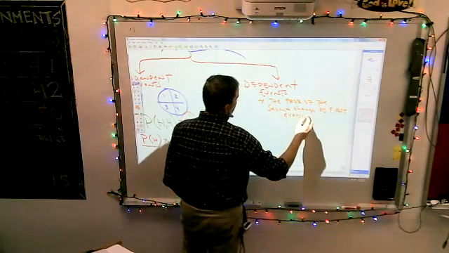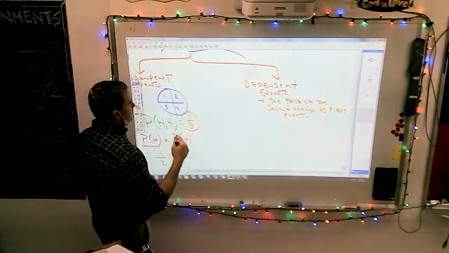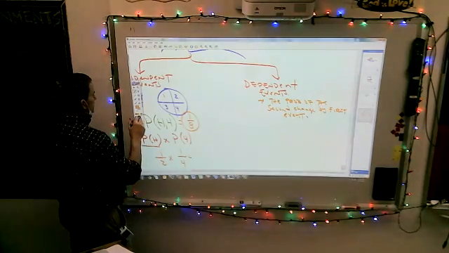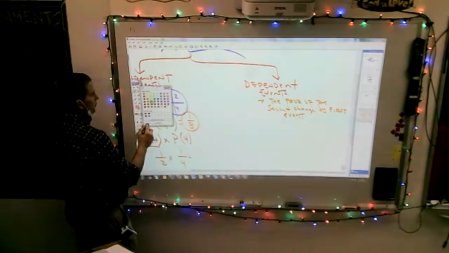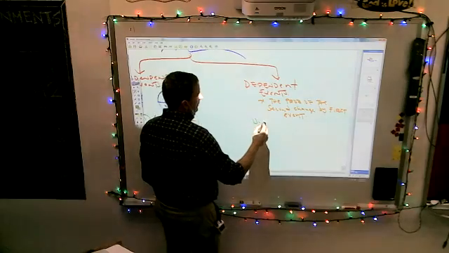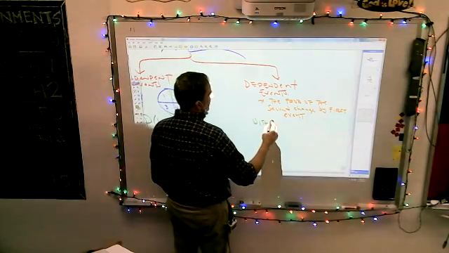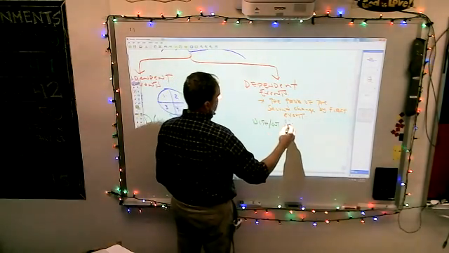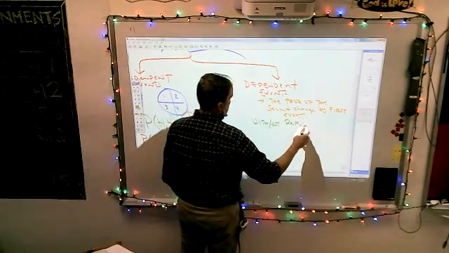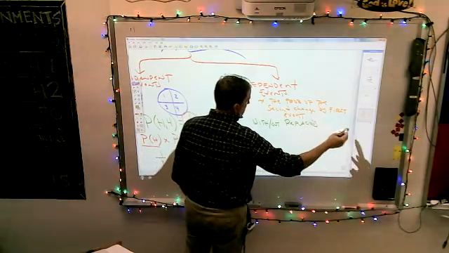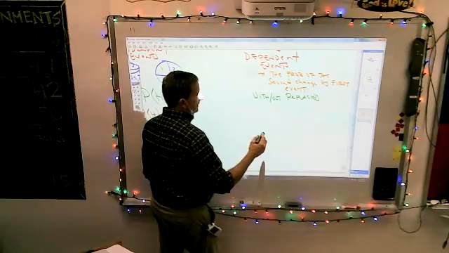When you're looking in the book, when it talks about dependent events, look for the words with or without replacing. Because this is what they're going to give you as dependent events.